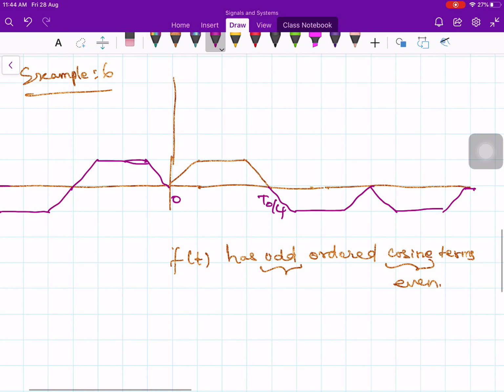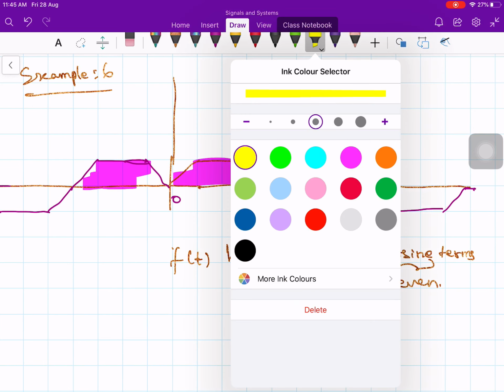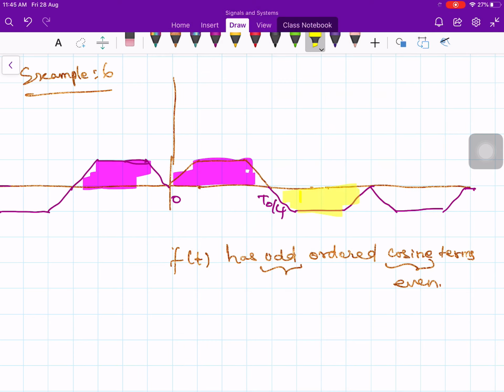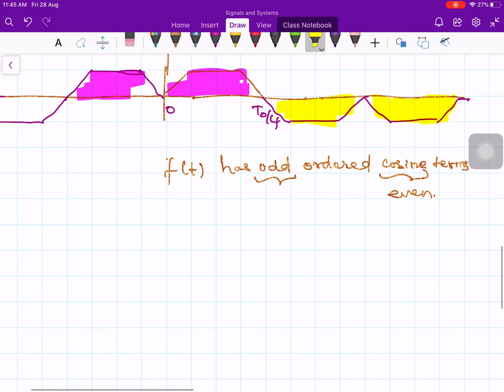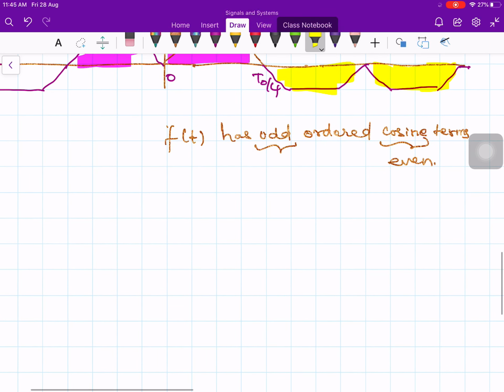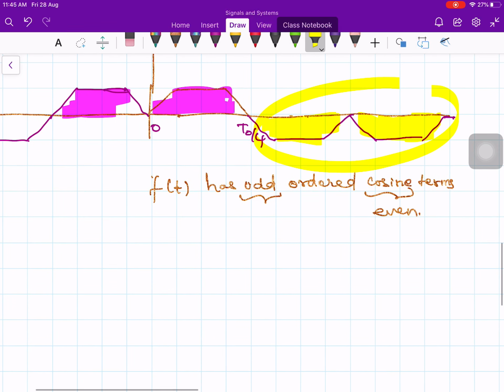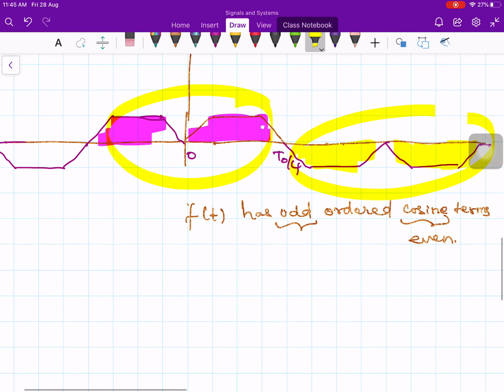Whatever happens in this cycle is exactly opposite in the next half cycle. So this is the extension, the case of f of t or x of t having only odd ordered cosine terms.